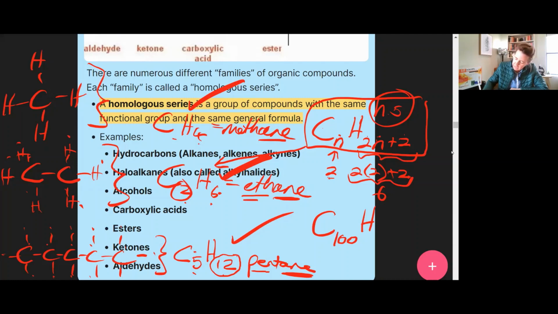So double the 100 and add 2. So that's double 100 is 200 and add 2. So the alkane with 100 carbons in the chain and single bonds between them would have 202 hydrogens surrounding it. This is called a homologous series.